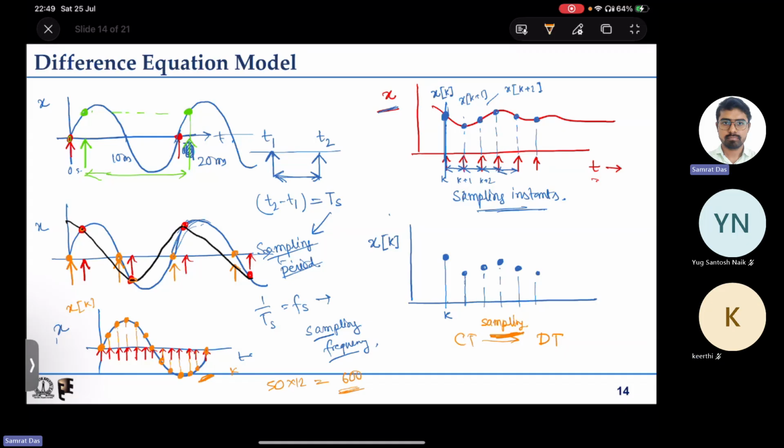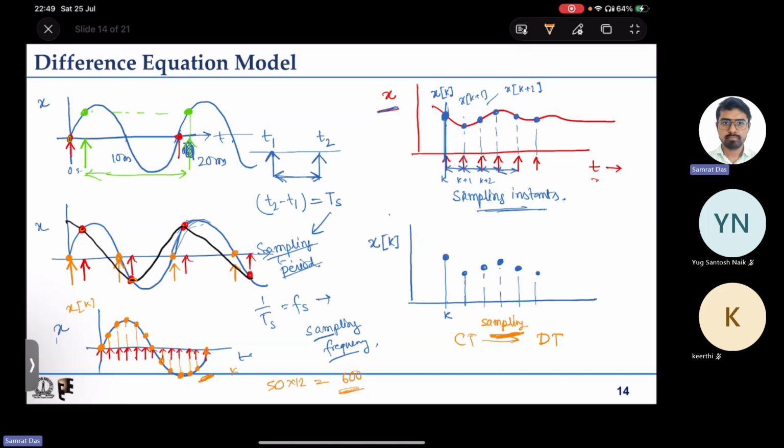So whenever we are going for digital representation or discretized representation of a continuous time signal, the sampling frequency is extremely crucial for us to decide. We have to have some idea about the highest frequency of our interest, and our sampling has to be at least 10 times that.